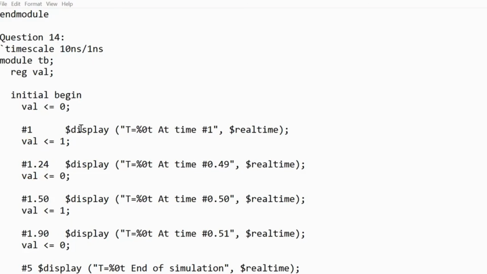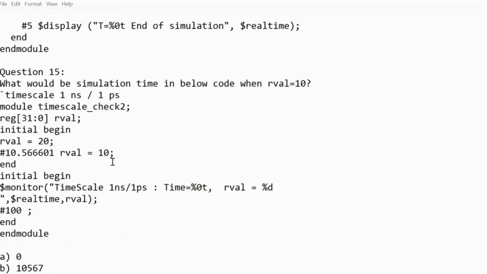Okay, next question. What would be the simulation time in the below code? Value equal to 10. Timescale is given as 1 nanosecond by 1 picosecond. Can you tell me what is the value of 1 nanosecond by 1 picosecond? 1000. So R value equal to 20. R value again we are taking R equal to 10. At what time? After 10.56.